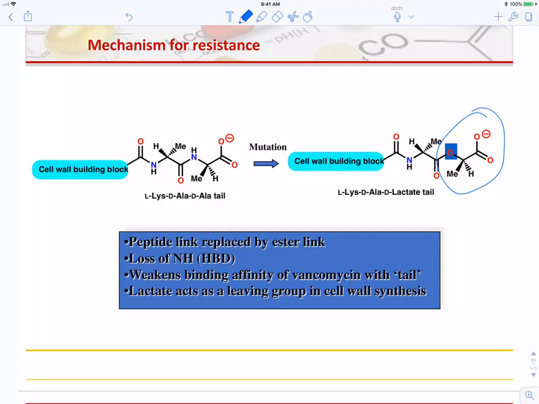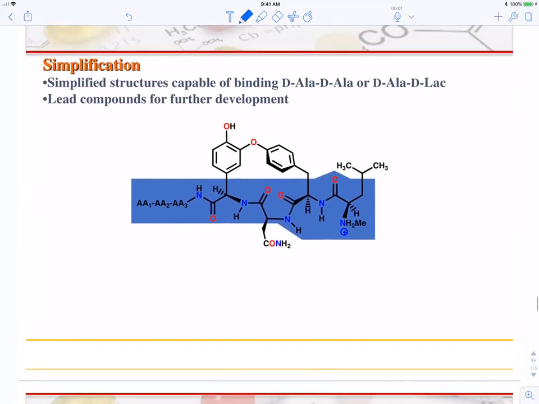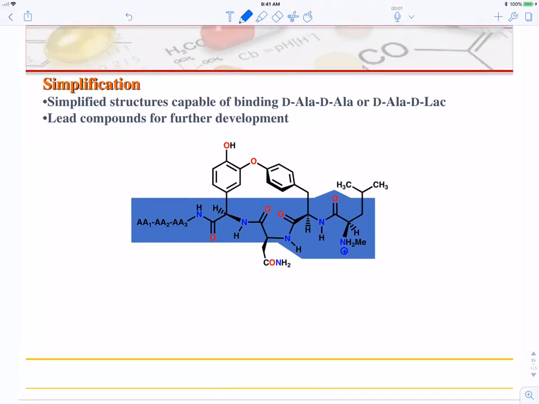Okay, so that's an interesting type of mutation that we haven't seen before. Basically, we have the emergence of resistance by a bacteria that completely changes its mode of action, or at least changes one of the most conserved areas of the cell wall biosynthesis.